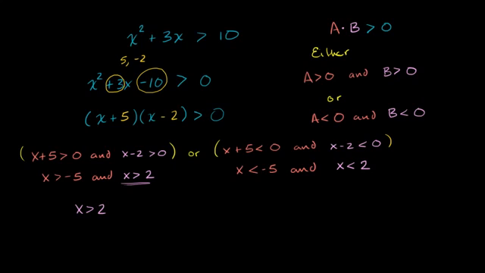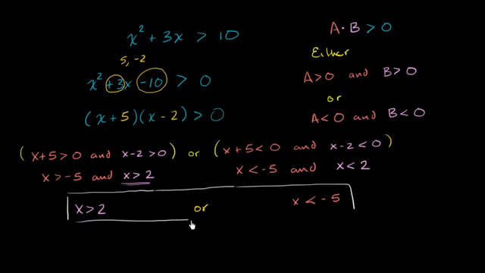Well, that just means that x has to be less than negative 5. If it's less than negative 5, it's definitely going to be less than 2. And we've got to remind ourselves that we have this or here. That's essentially describing the solution set for this quadratic inequality. x is going to be greater than 2, or x is going to be less than negative 5.